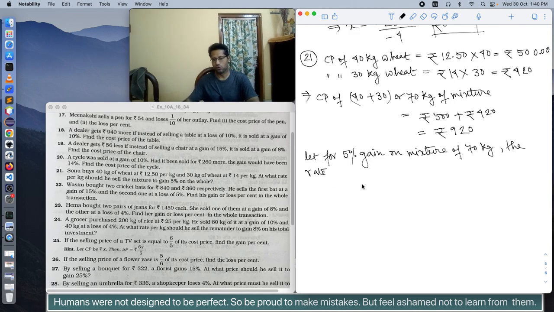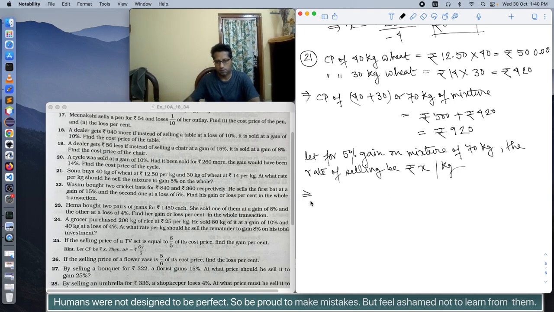Okay, so let for a 5% gain on the mixture of 70 kg, the rate of selling be rupees X per kg.